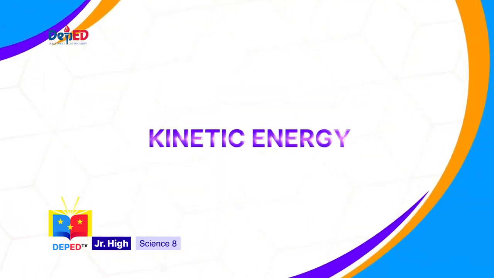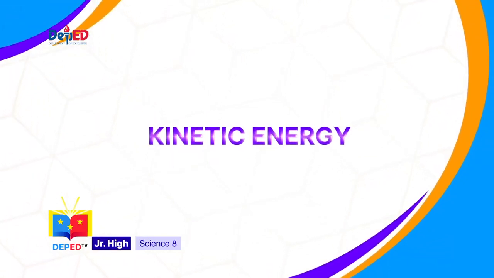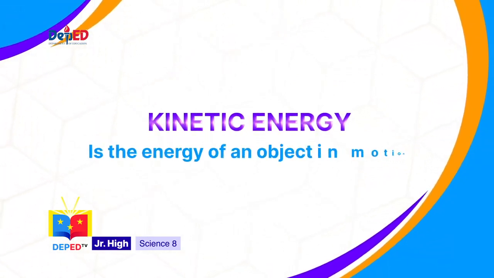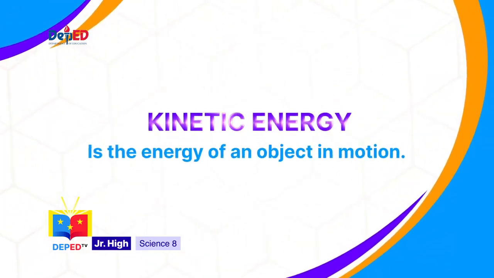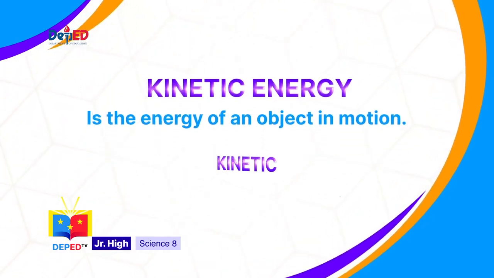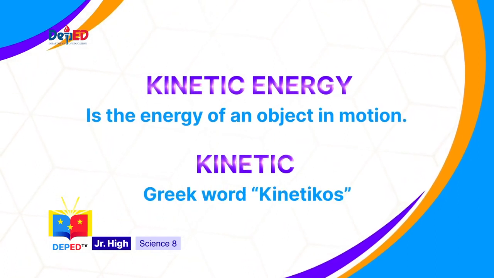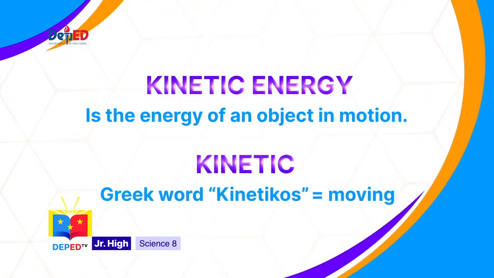What is kinetic energy? When we talk about kinetic energy, we refer to the energy of a moving body or object. It comes from the Greek word kinetikos, which means moving.